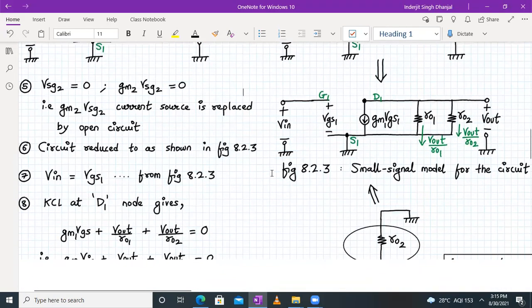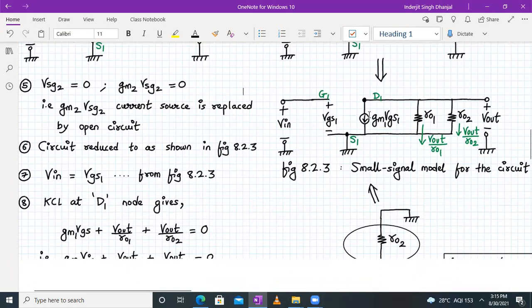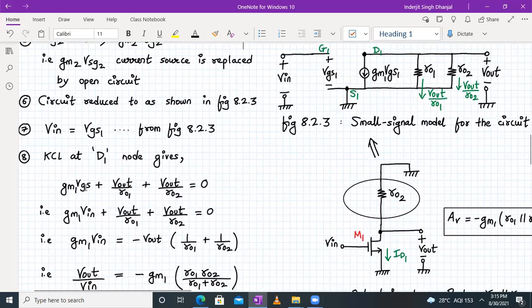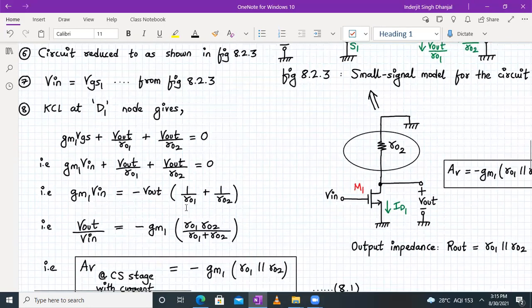Next we apply KCL at the drain 1 node. At drain 1, we have three currents flowing: GM1 into VGS1 plus V out upon RO1 plus V out upon RO2, and VGS1 will be replaced by V in. So GM into V in plus V out upon RO1 plus V out upon RO2 is equal to 0. We club the V out terms and V in terms on one side.